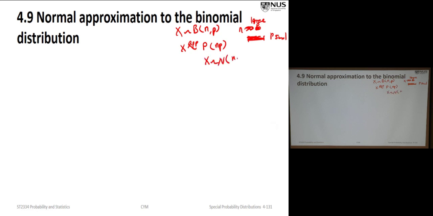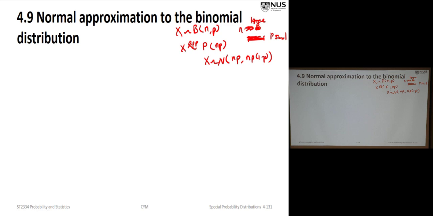If X follows a binomial with n and p, if n is big and p is small, then X can be approximated by a Poisson with parameter np. Here we can also approximate by the mean np and np(1 minus p).